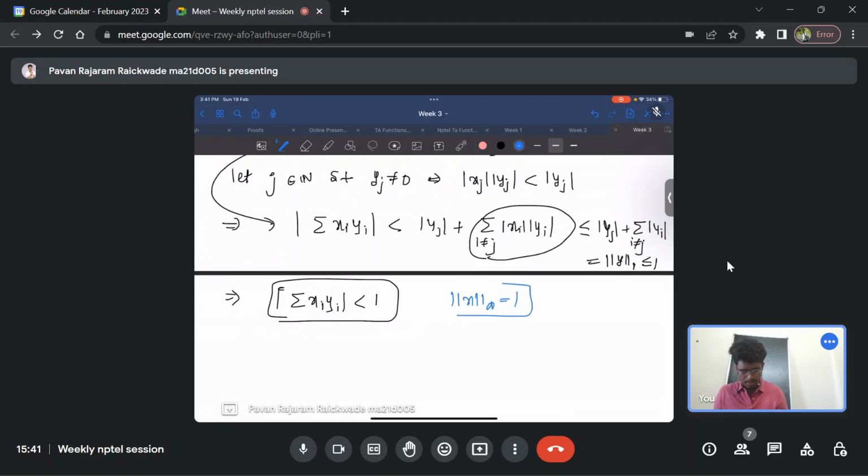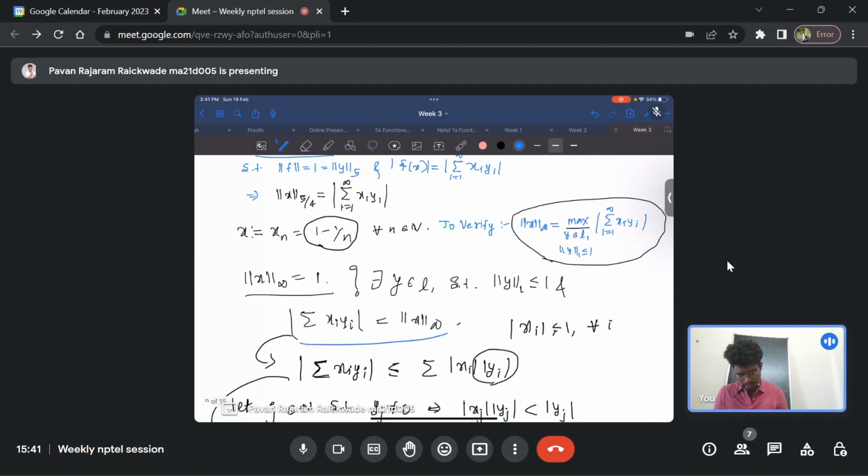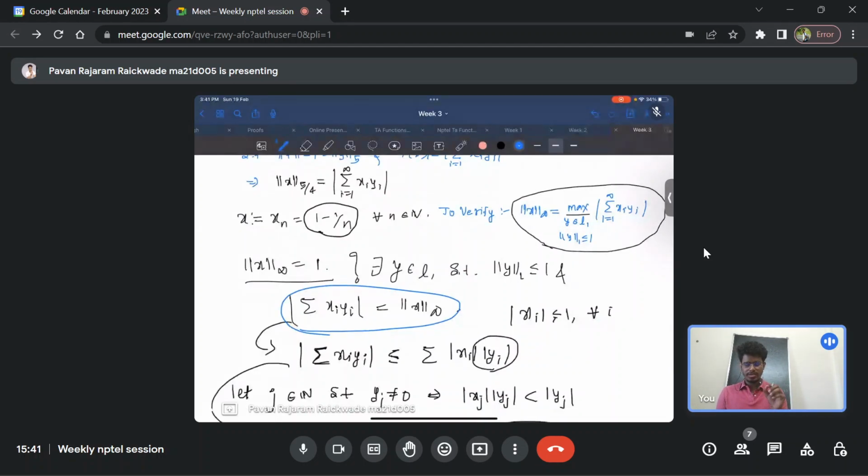It equals 1. So this cannot happen for any y. So what we have proved is that for any y, the modulus of summation xi yi is strictly less than 1. Hence the maximum will not be equal to norm x infinity for any y.